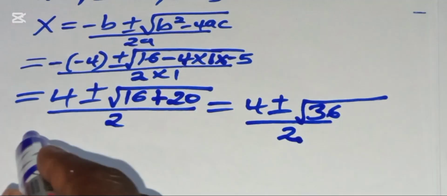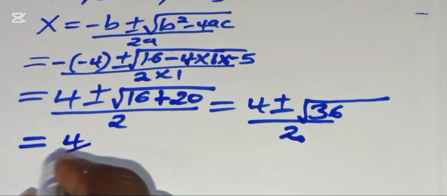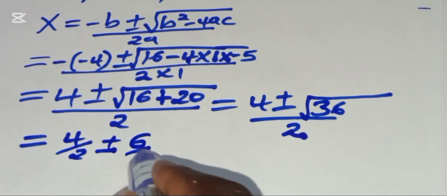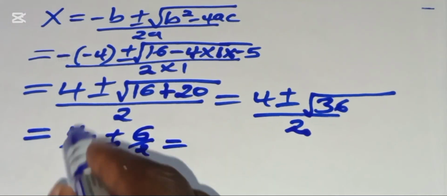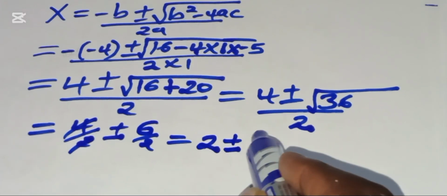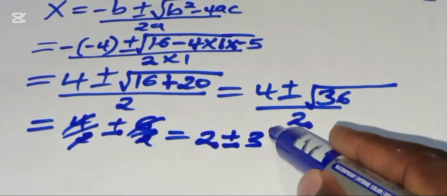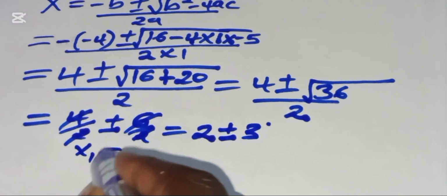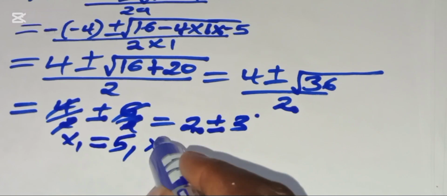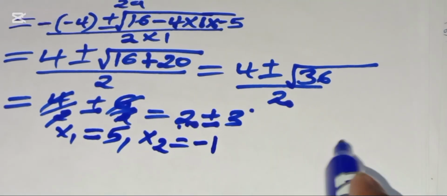So we have 4 divided by 2 plus or minus the square root of 36, which is 6, divided by 2. If you simplify, this is 2 plus or minus 3. That means x1 is equal to 2 plus 3, which is 5, and x2 is equal to 2 minus 3, which is negative 1.